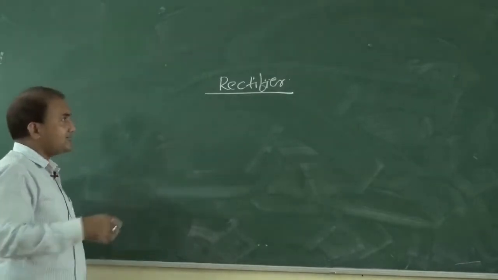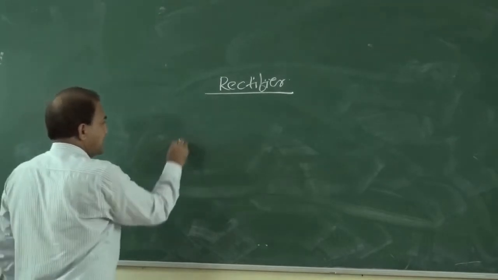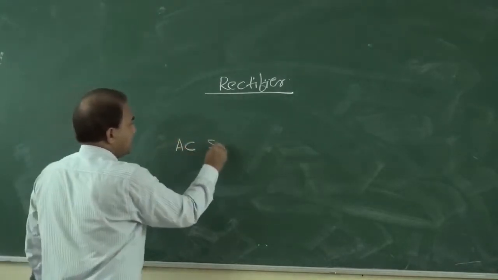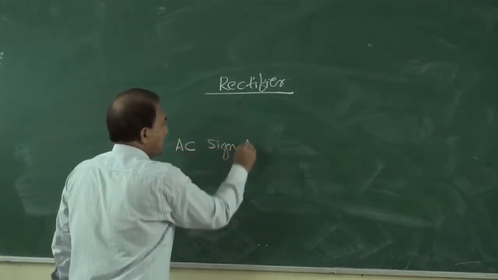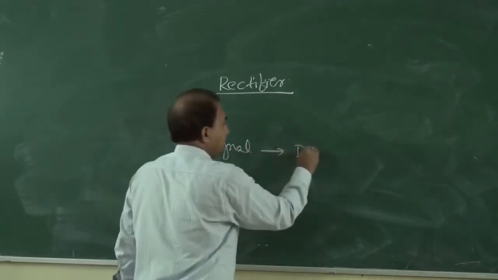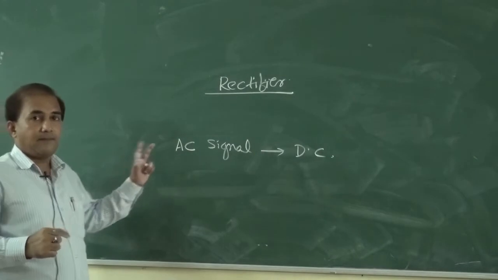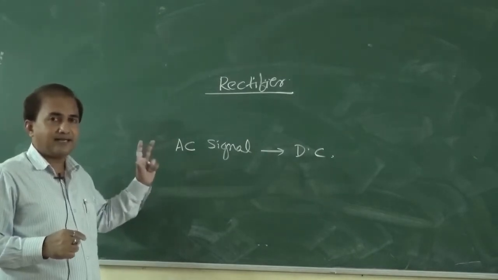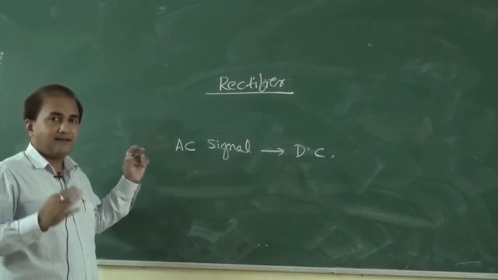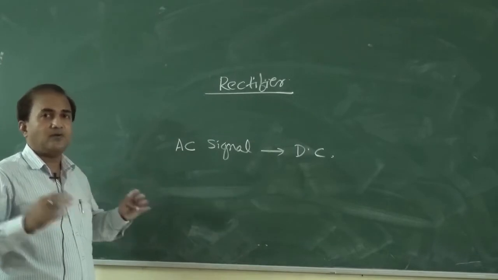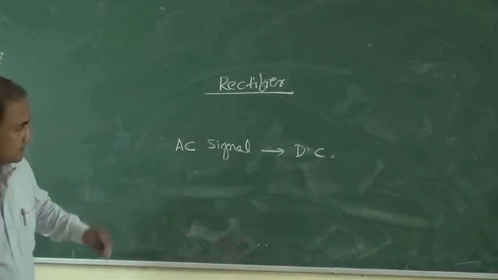So in a rectifier circuit, an AC signal is converted to DC. The main function of any rectifier circuit is that it converts an AC signal to a DC signal.